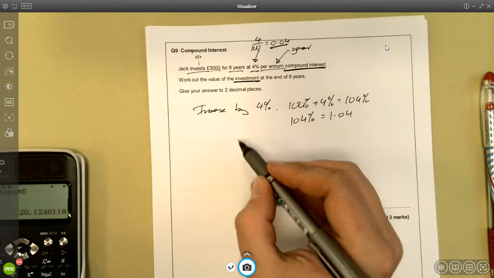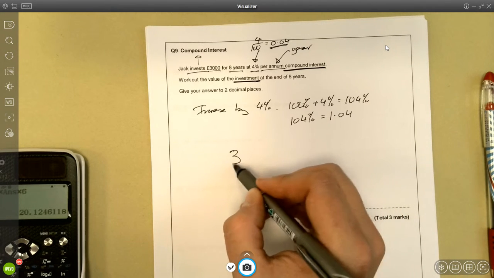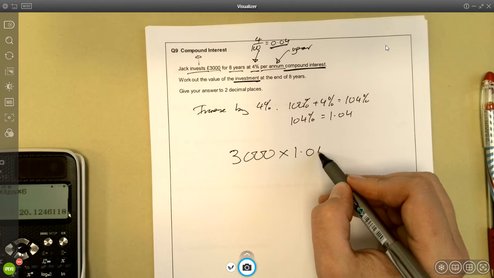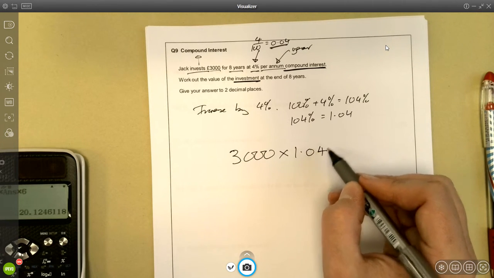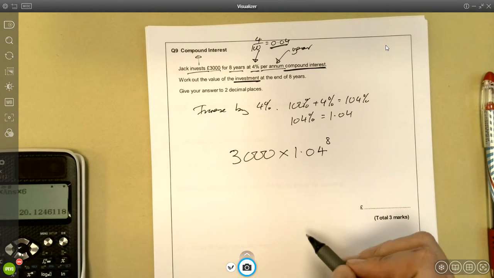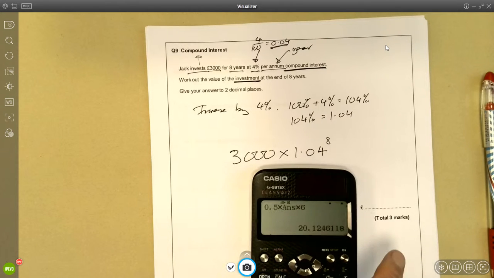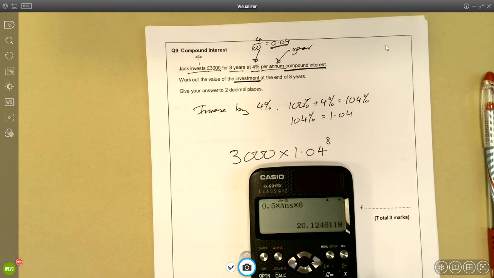So we're going to be sneaky here and we're going to say, right, well, actually, I've got £3,000. I'm going to multiply by 1.04. I'm going to do that 8 times by using the power 8. Okay, and that's definitely a calculator type job. So we're going to do 3,000 multiplied by 1.04 to the power of 8.